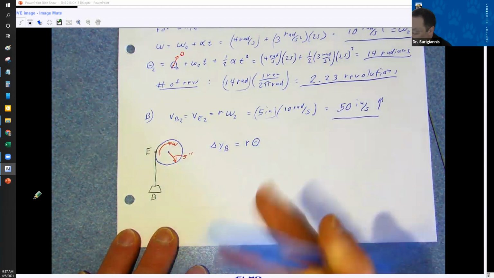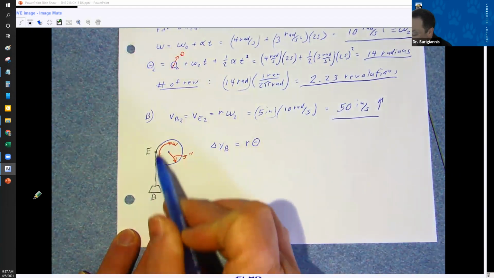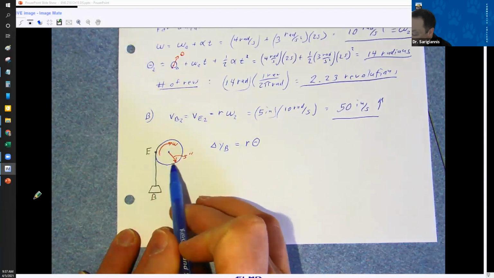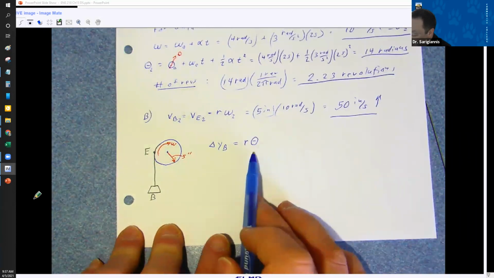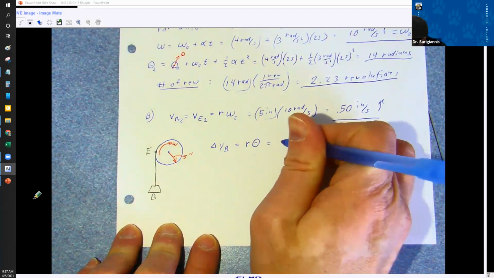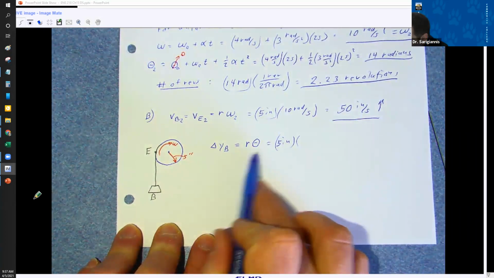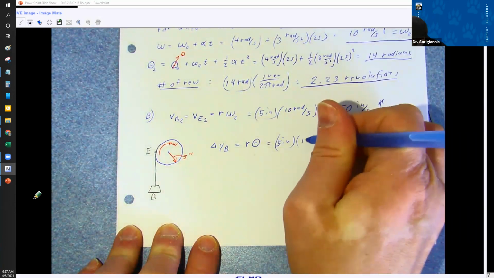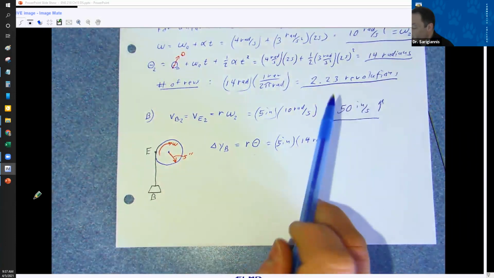So we're getting a linear displacement by knowing that this point moves around a circle. We're basically taking the equation for the arc of a circle. Here R is, in this case, 5 inches, and theta is up here, 14 radians. Don't forget, you can't just use revolutions.